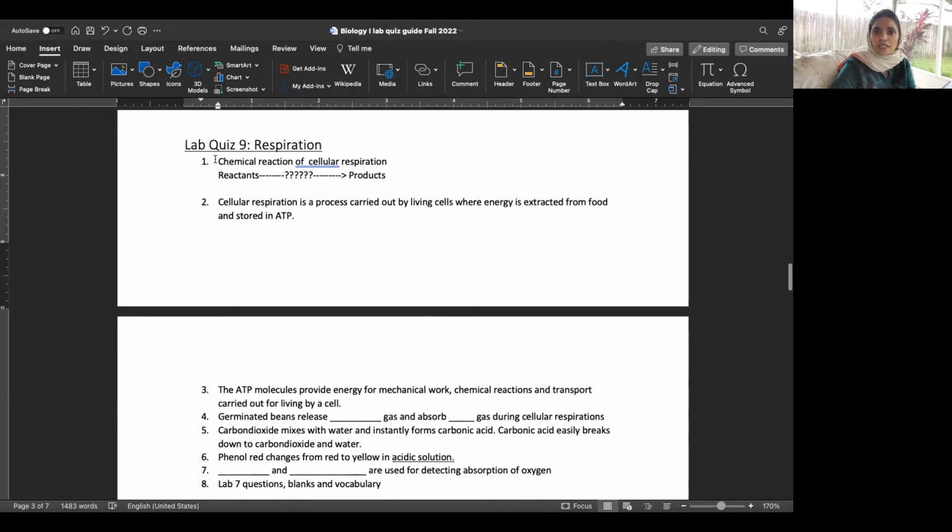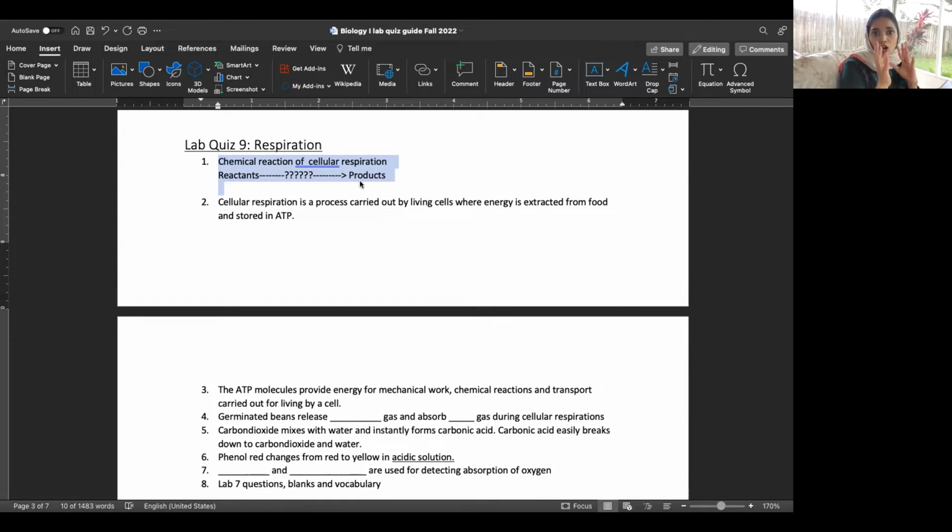Did you all memorize a chemical reaction for cellular respiration correctly? Correctly is the key here. And you should know both the name and the molecular formula. And the chemical reaction for cellular respiration is slightly different from the photosynthesis chemical equation, guys.